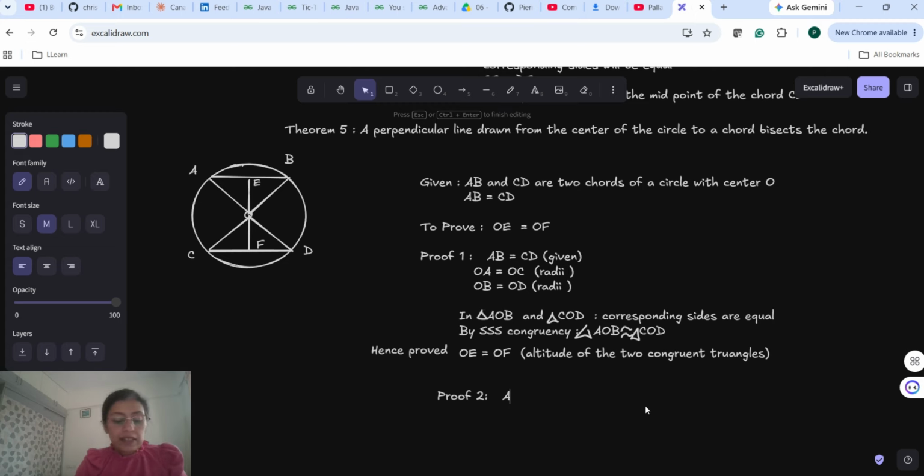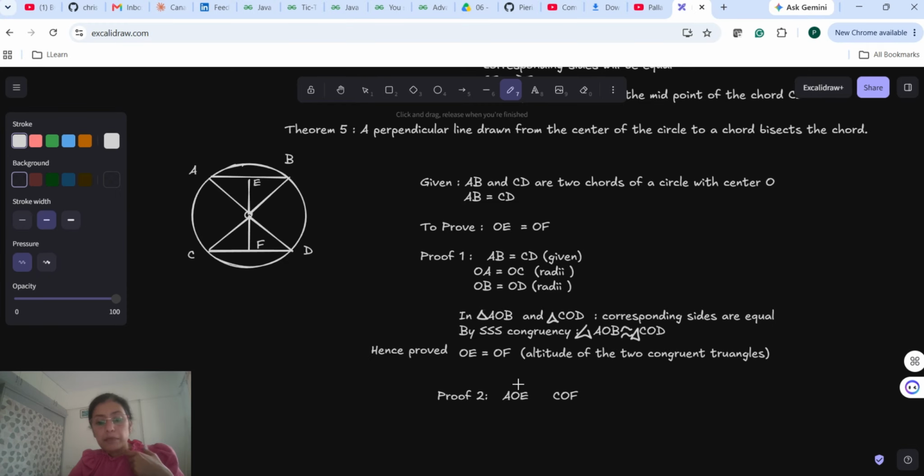What triangles will I consider? I'll take AOE and COF. Let me draw here these two triangles that we are talking about.